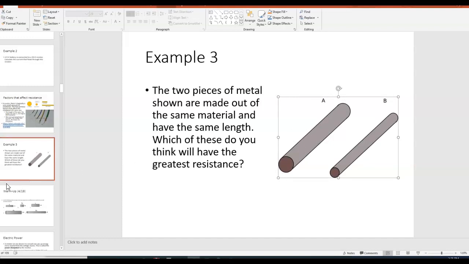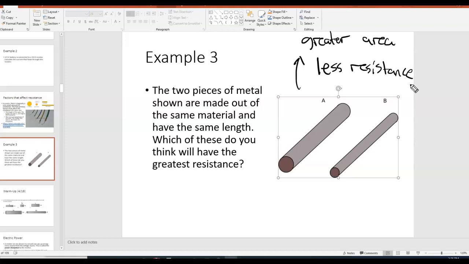Okay, that means A, because it has a greater cross-sectional area, that means it's thicker, that means it's going to have less resistance. So the answer to the question, which will have the greatest resistance, has got to be B. Okay, the piece of metal B.